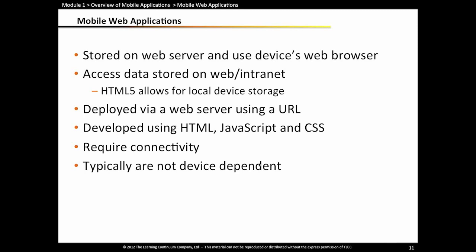The other big benefit to the web-based application is in the previous slide where we talked about native apps, getting your application into the application store is not a trivial process.